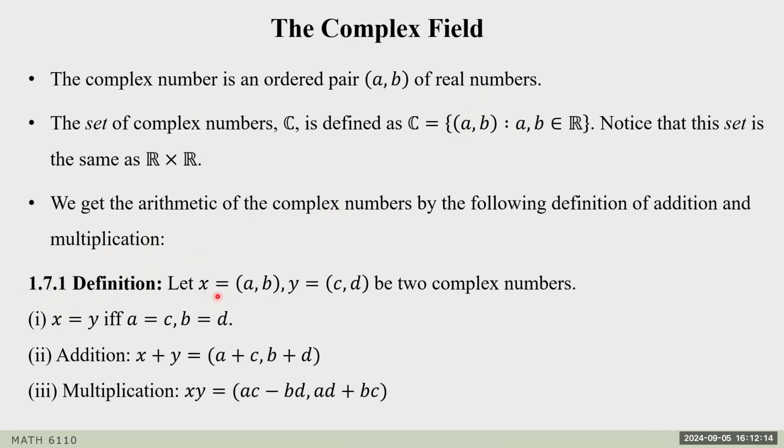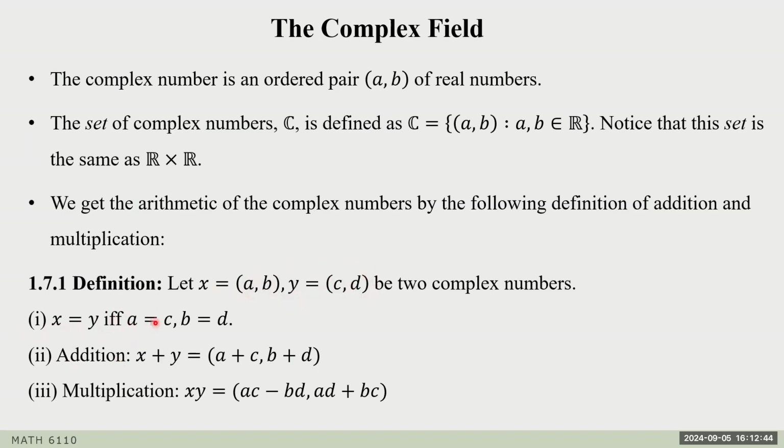So if x is the complex number (a, b), and y is the complex number (c, d), these two complex numbers are equal, that's the first point, x equals y, if and only if the first components in each complex number are the same, and also the second components are the same.